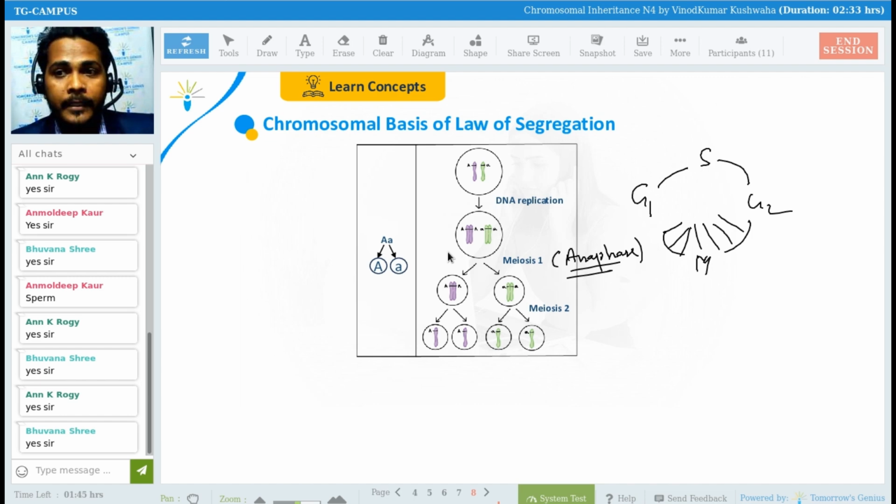NEET is not such simple that yes, it is just simple. Biology is very difficult. If you not recall every time, no, it is very difficult. It is very volatile subject. Okay, sir. So please be joined in the next session. I want you to be joined at exactly sharp 7 o'clock. Okay, sir. Here. Okay, sir.